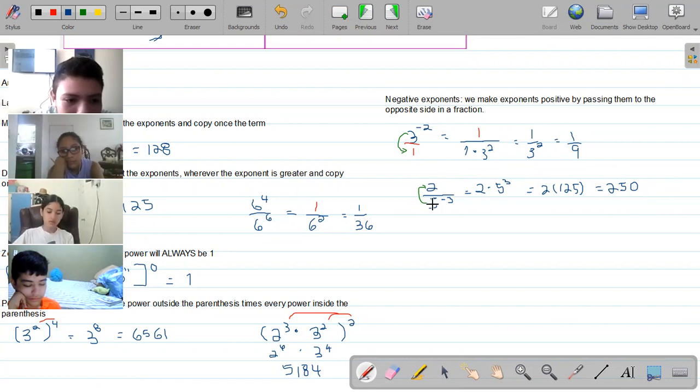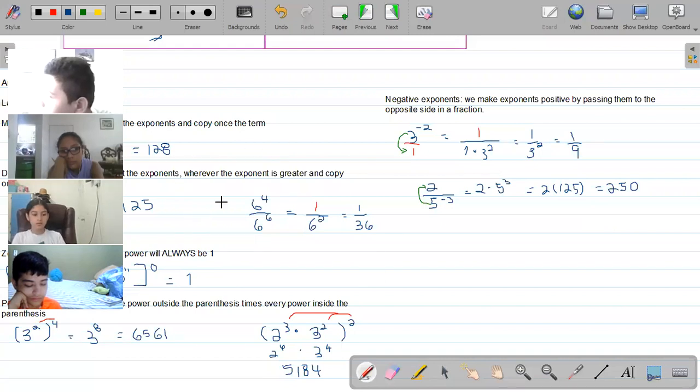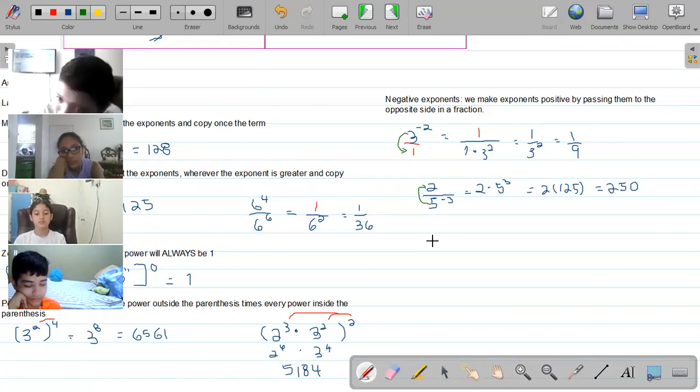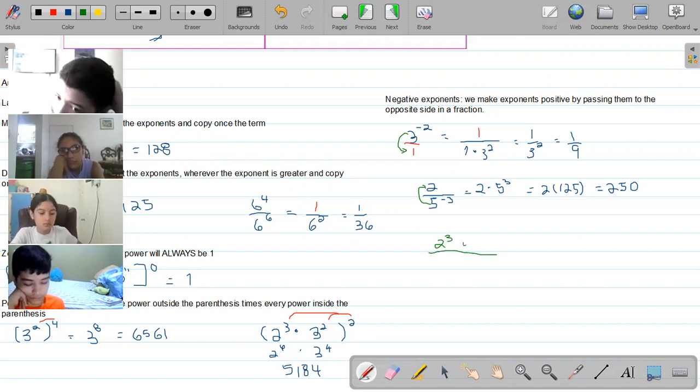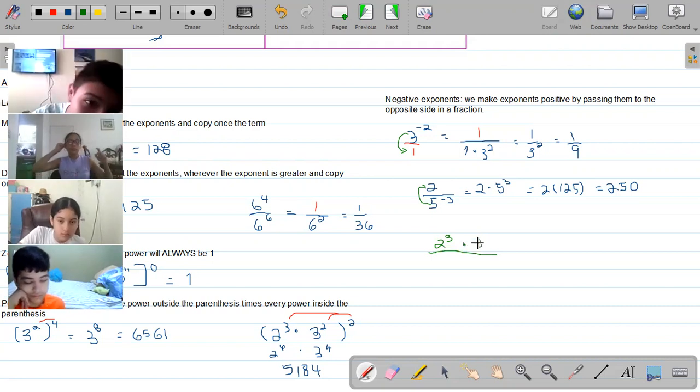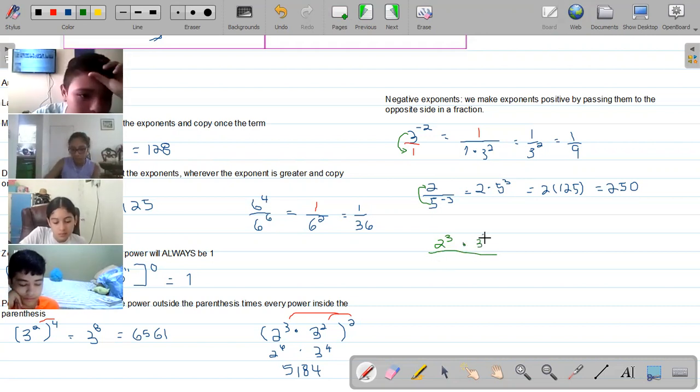Now, just for common knowledge, let's do an exercise where we have to use more than one of these laws, okay? I'm gonna do it in green. So let's say that we have 2 to the cube times 3 to the negative square, over 2 to the negative 1 times 3, times 3.